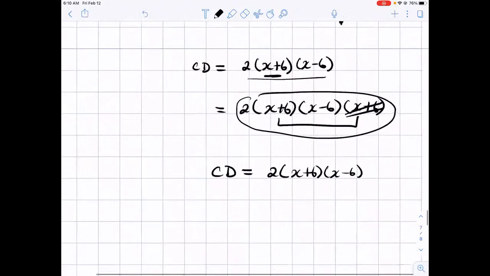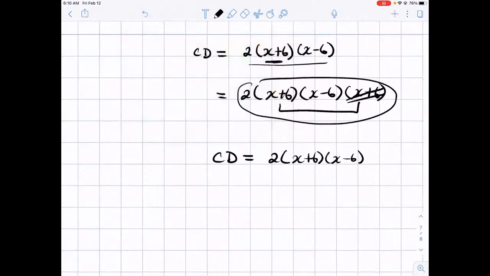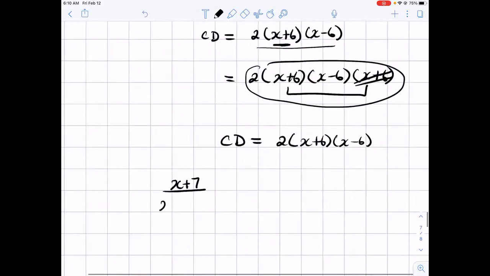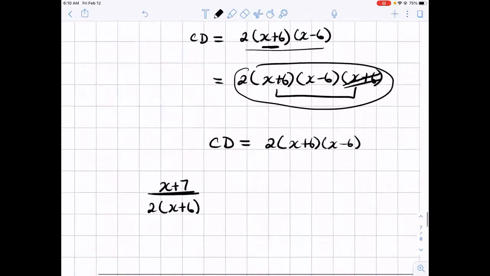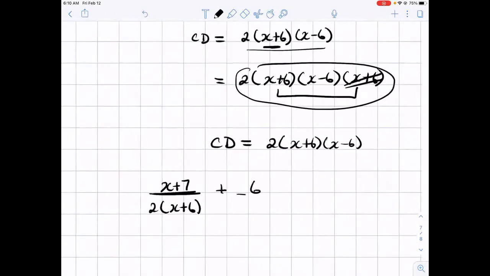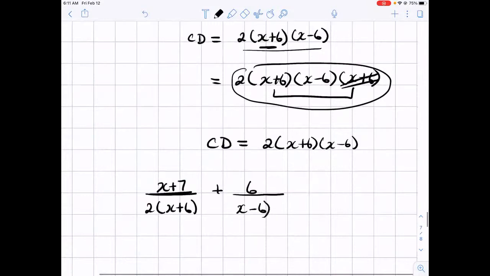So if we look at this, we have x plus 7 over, when we factored, we had 2 parentheses x plus 6, plus 6 over x minus 6 times x plus 6.